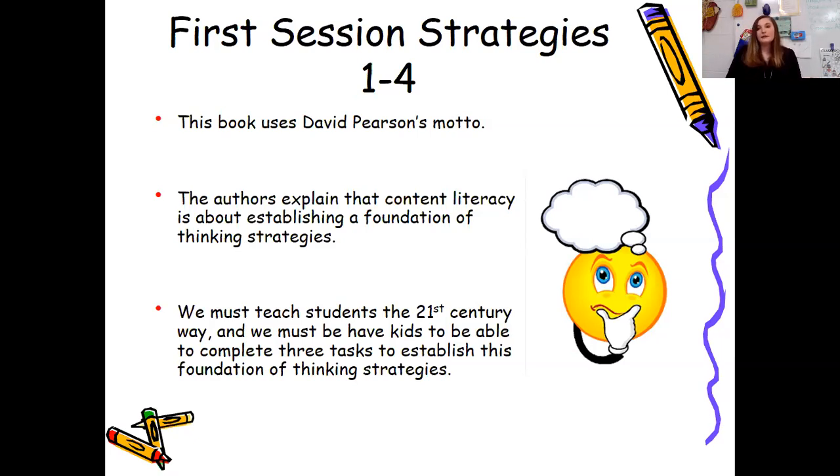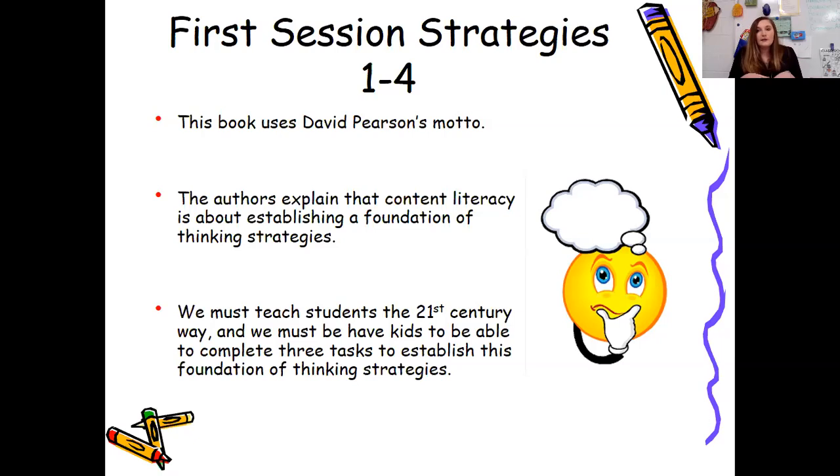And I thought that's perfect because we can always include reading in different subject areas, especially in math, where as many math problems as our kids have to read now, I think it's really important that we focus it in math as well. Now, the authors explain that content literacy is about establishing a foundation of thinking strategies. It's our job as teachers to lay down this foundation of thinking strategies.